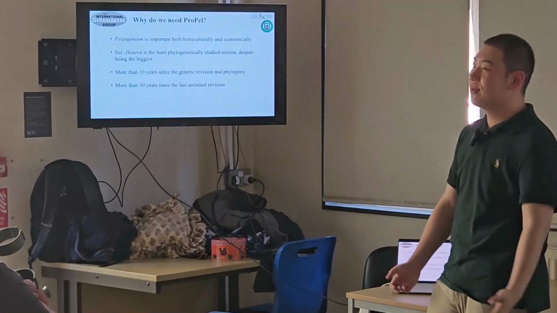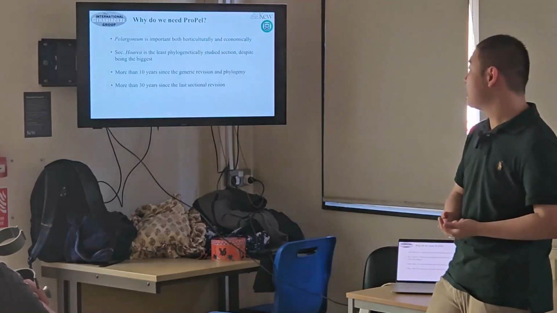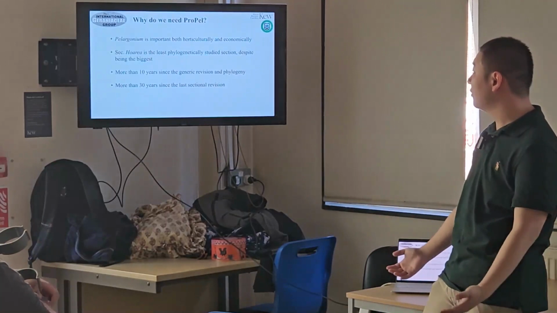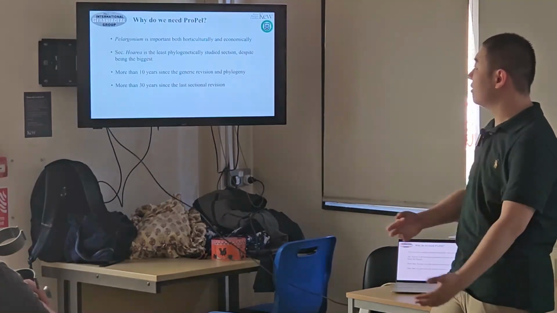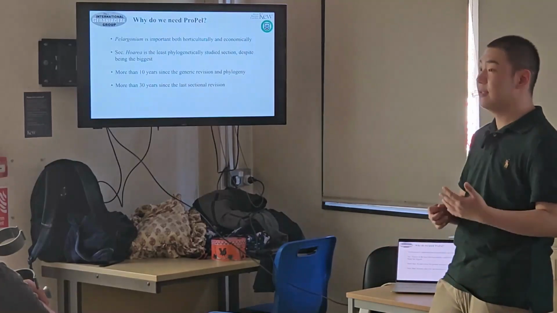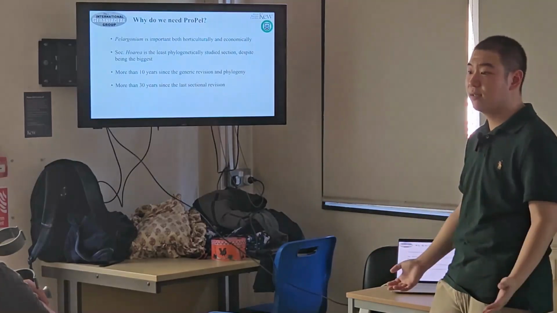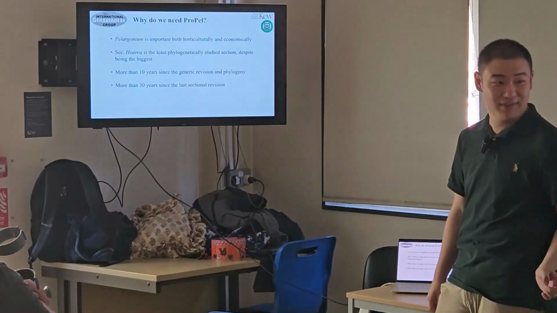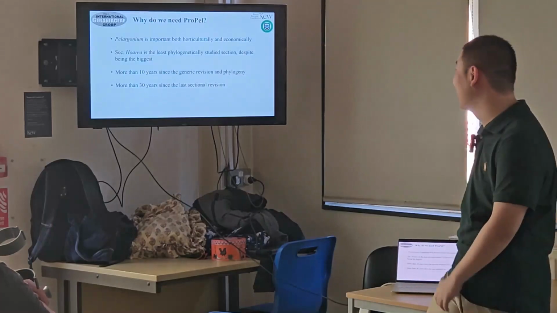So to conclude, why is this work relevant and important? Pelargonium is firstly important both in horticulture and economically. Section Hoarea is the least phylogenetically studied section, even though it is the biggest section within the genus. Now it's pushing 90 species, I think. It was 85 when I wrote the proposal, but then a few more came out.